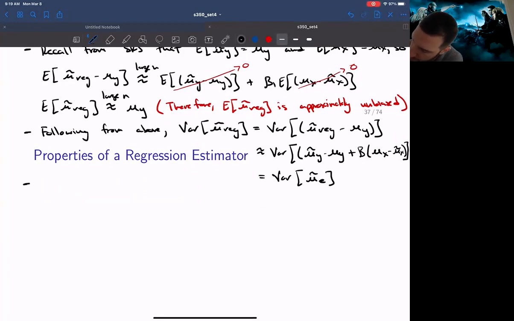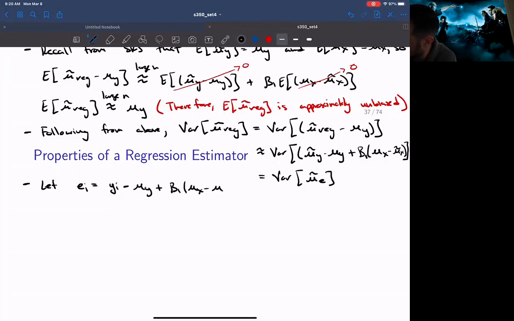So let little e_i equal y_i minus mu y plus beta 1 mu x minus mu x tilde.